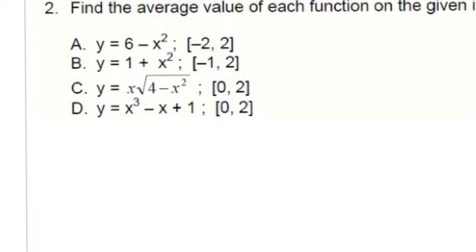Okay, for number 2, average value, that's 1 over b minus a. So it's always the big number minus the small number, times the integral.